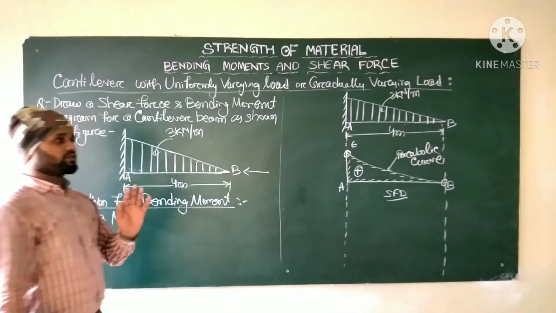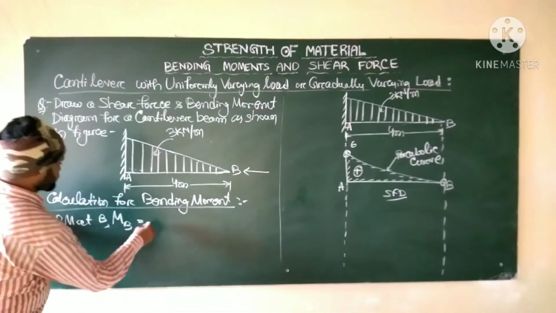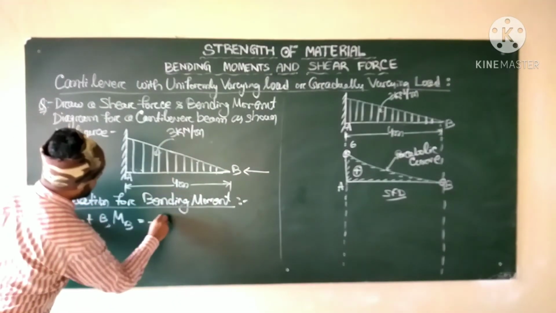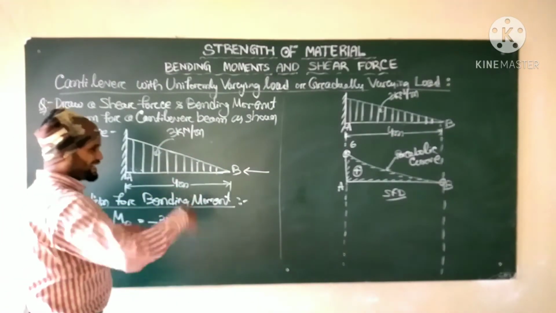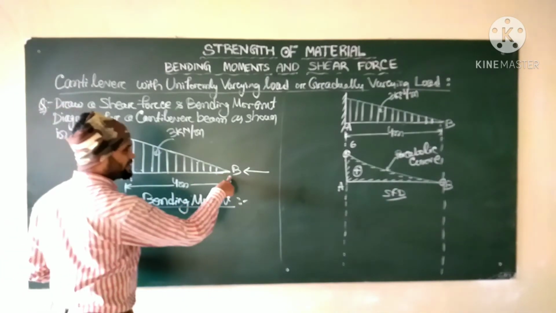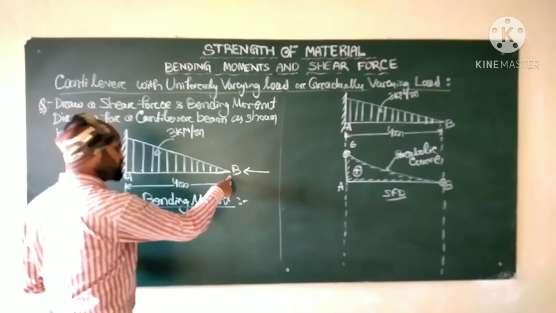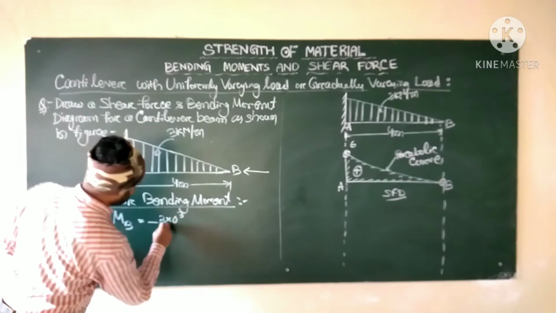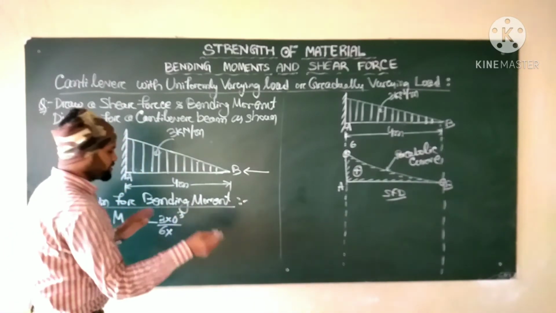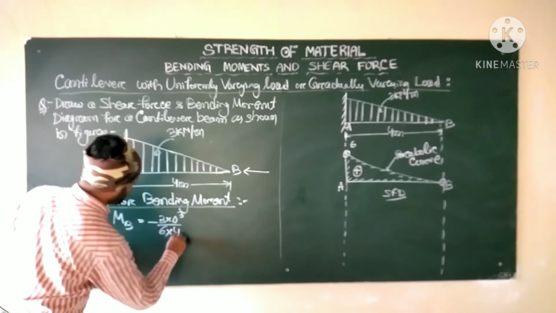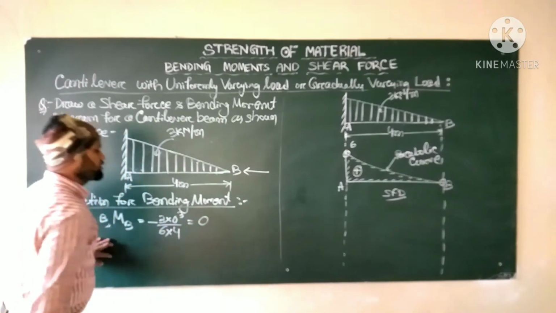Remember the formula, minus Wx cube by 6L. So minus W is the load, that is 3, into x cube, the distance from the free end. As we are calculating at B, the distance is 0. Wx cube by 6 into the length of the beam, 6L, L is 4. 0 into something means 0.